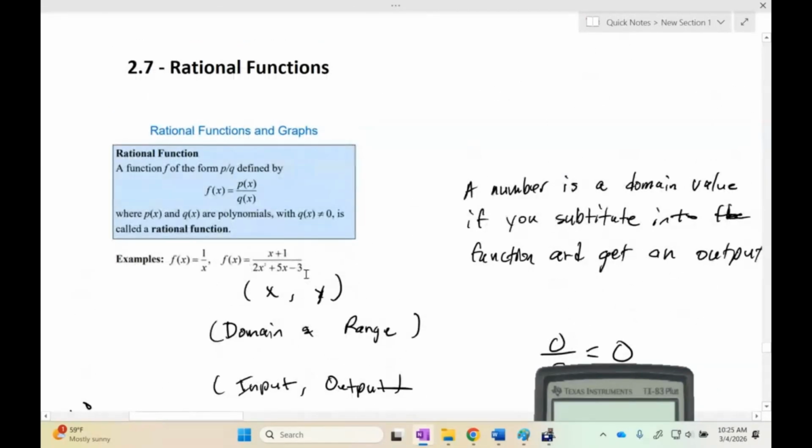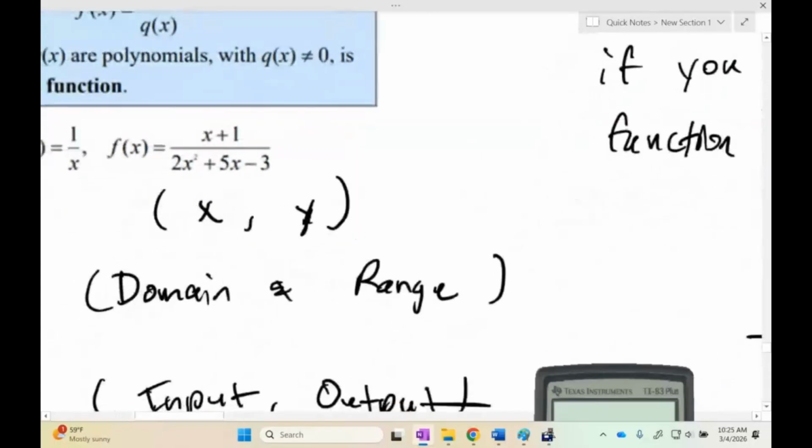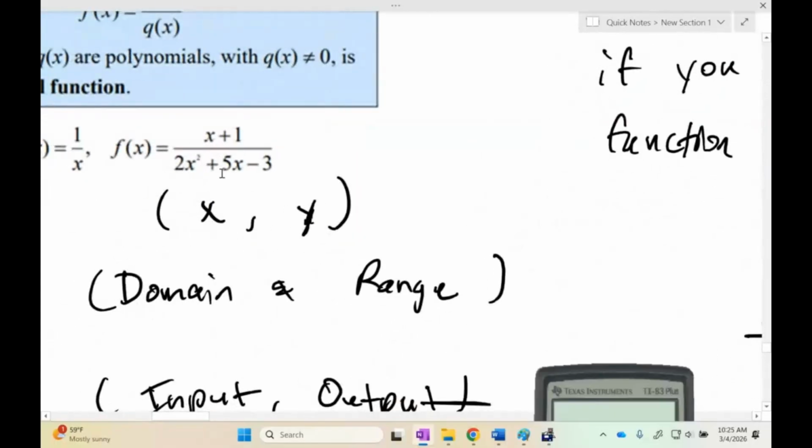For this one, x plus 1 over, I believe, 2x squared plus 5x minus 3. What would be the degree for the numerator? Well, you simply want to look at the variable with the largest power. So this x has a power of 1. It's understood to be raised to the first power. So the degree is 1.